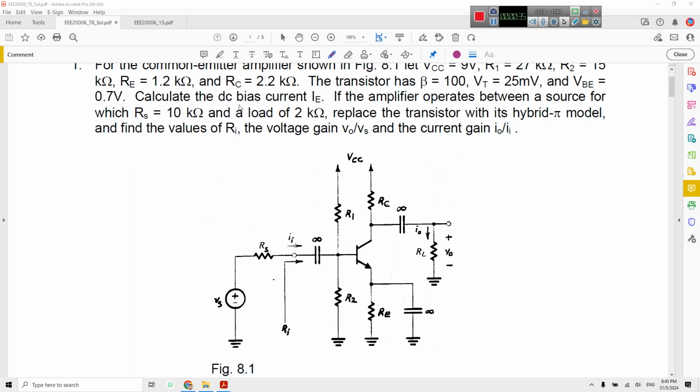Then calculate the DC bias current IE. If the amplifier operates between the source with RS of 100K and the load of 2K, replace the transistor with its hybrid pi model and find the value of Ri, which is the input resistance, and the output, meaning VO over VS and IO over IS.